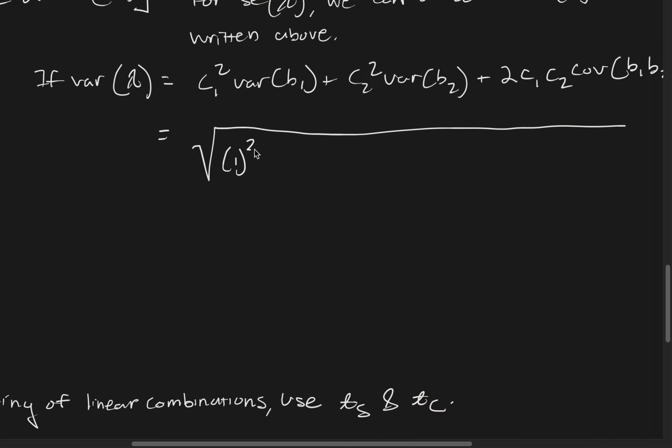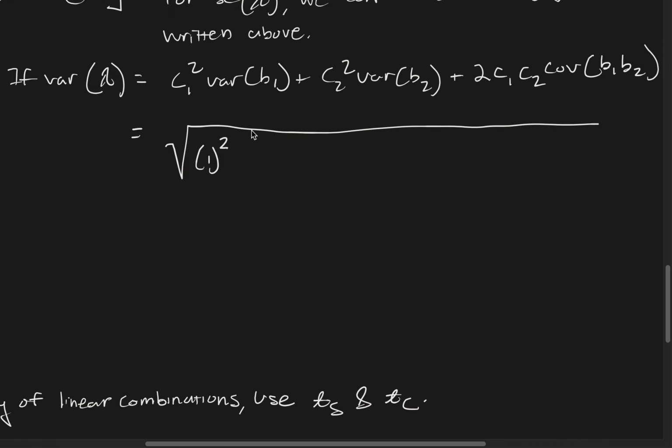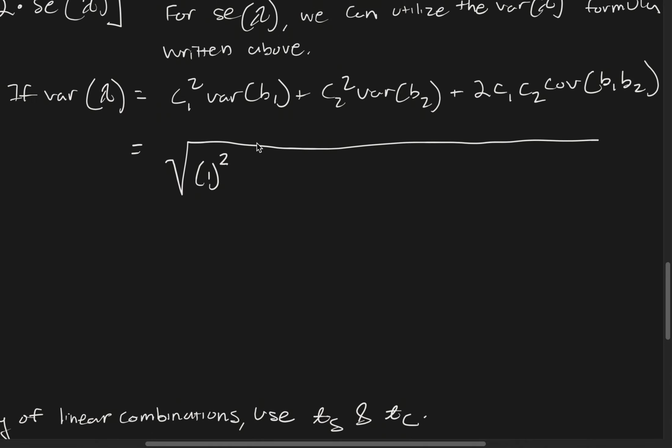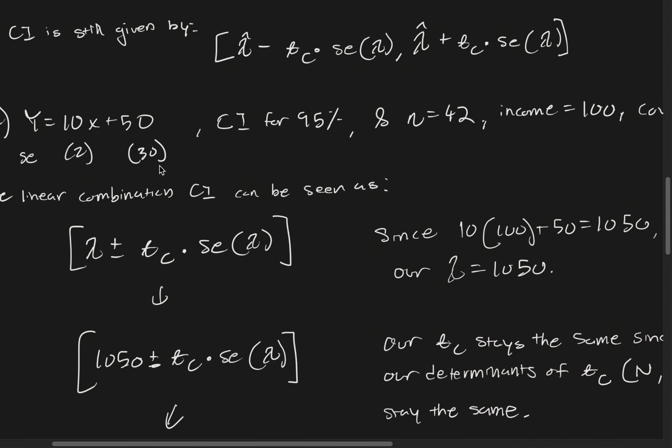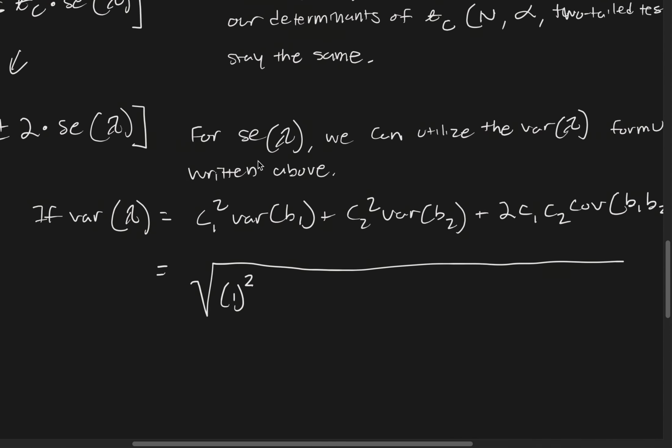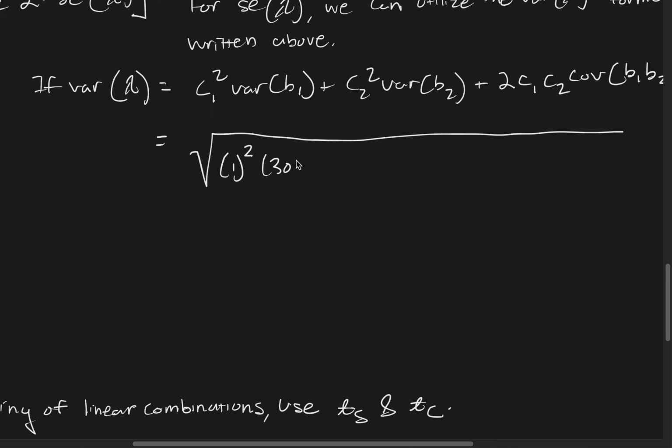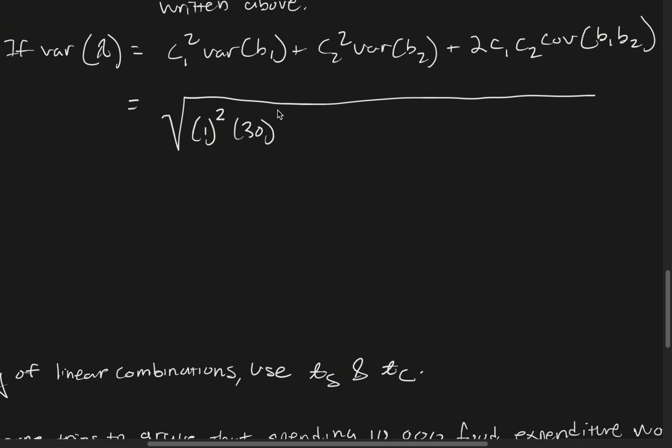So doing the square root, we can plug in this formula right here. So 1, the coefficient of the intercept, because the coefficient of the intercept is always 1. And then the variance of b1, which is 30. Again, this will result in the standard error because we're square rooting it.